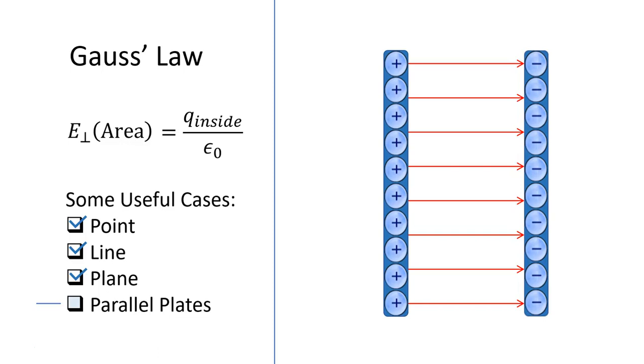Notice that in between the plates, we are simultaneously repelled from the positive and attracted to negative, both cases going to the right. On either side of the parallel plates, we would get cancellation. For example, over here, repelling from positive and attracting to negative, they cancel out. So the usefulness of parallel plates is that the electric field is contained within the plates.